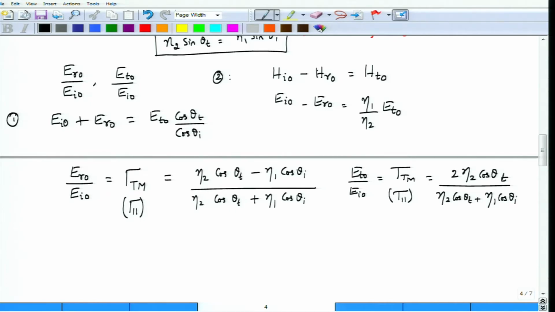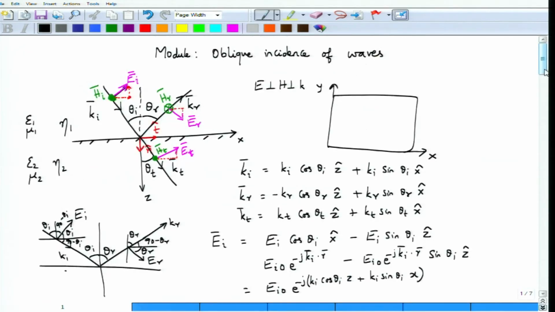Now why have I called this TM and parallel? Let us go back to what the original form of the electric fields was. In the oblique incidence that we considered, it was true that electric field E was perpendicular to H and H was perpendicular to K, but a different thing has also happened.